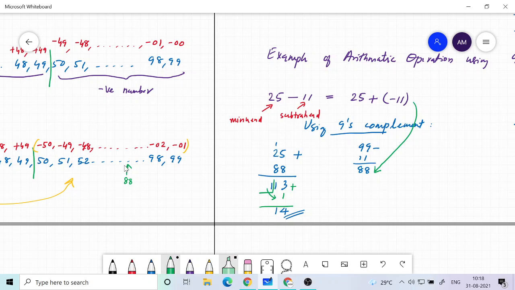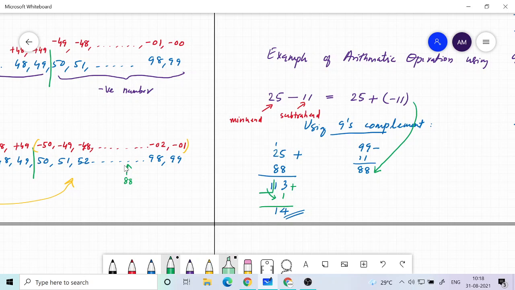from 88, if you move to the right, you will first reach 99, right? So when you reach 99, you reach minus 0, and if you add one more, you basically go to 100. Okay, then it is basically 101, 102, etc. You move.